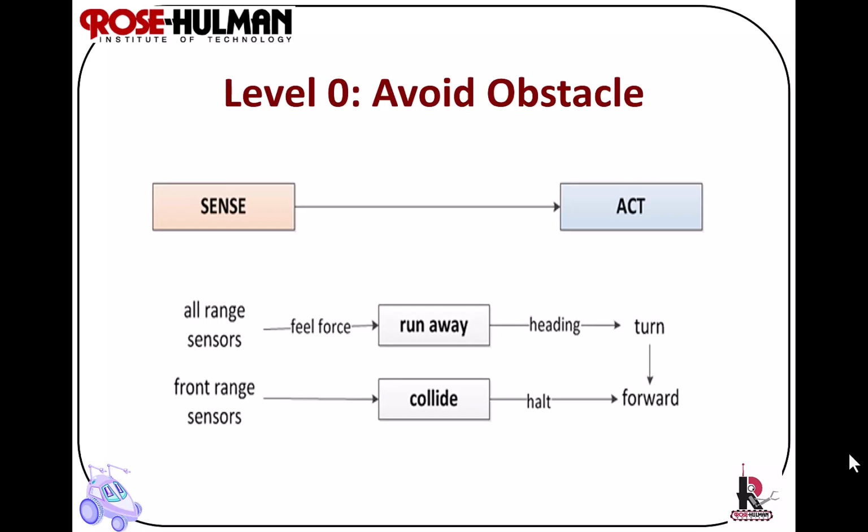So what you're going to do for lab is level 0 of your subsumption architecture is going to be avoid obstacle, where you're going to have a sense, a plan, and an act, where your sense from the front sensor is, if I'm moving forward and the sonar or LiDAR in the front detects something, the collide behavior triggers, or it just stops. Then using all the sensors, you're going to feel the force, and now after you stop, try to run away.